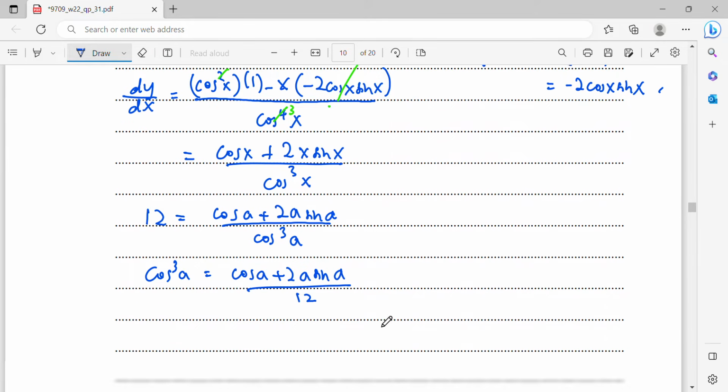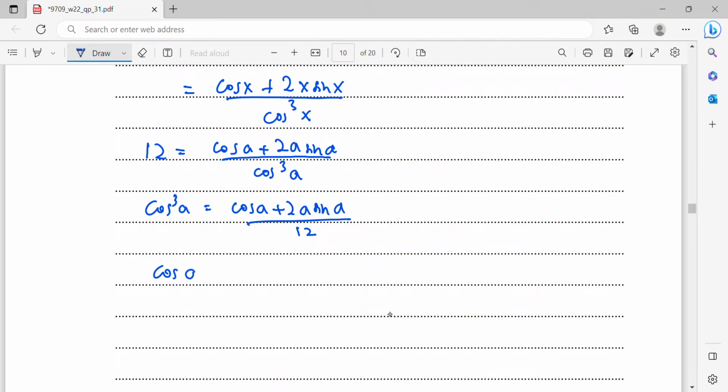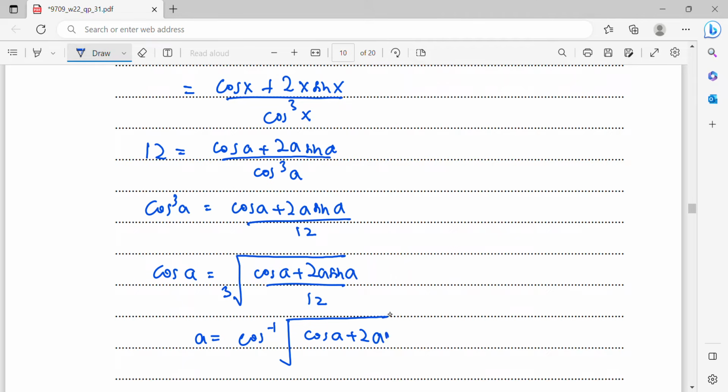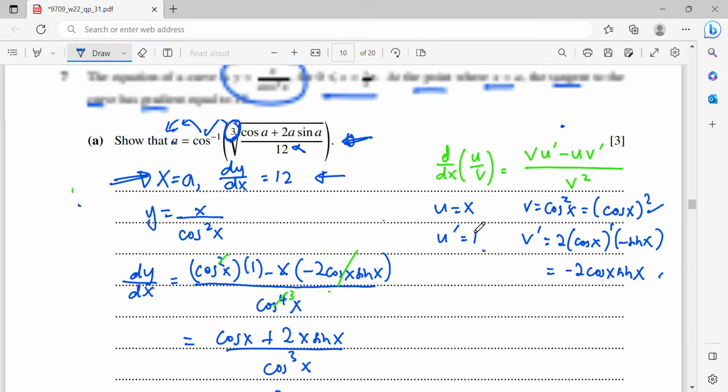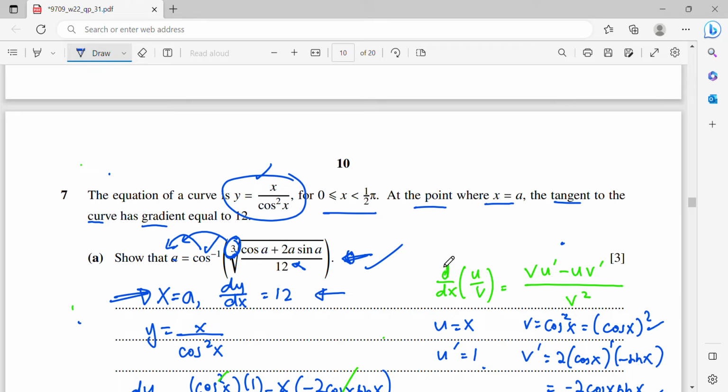Then slowly move the cube to the right side, it becomes cube root. Then move the cos to the right side, it becomes inverse cos. So this is the form that we are proving.